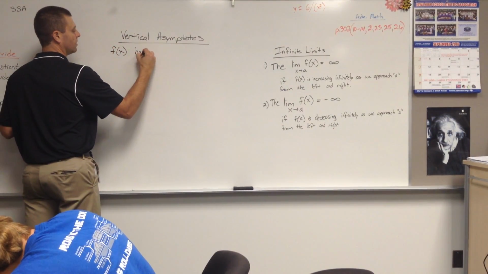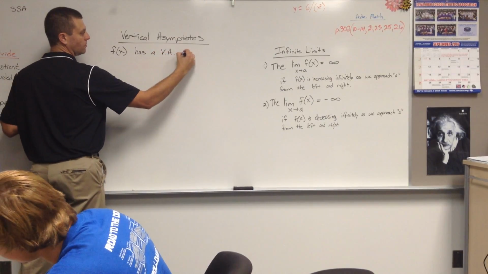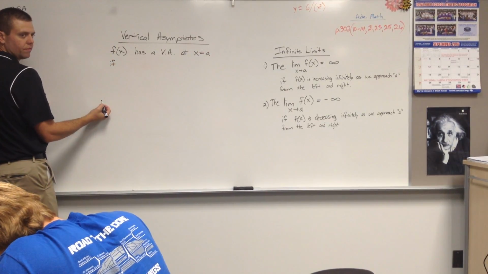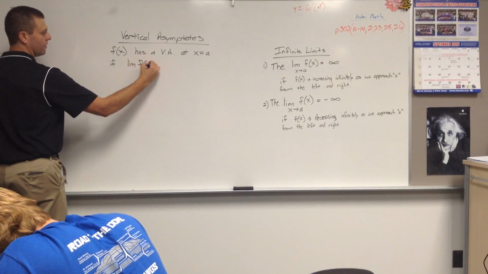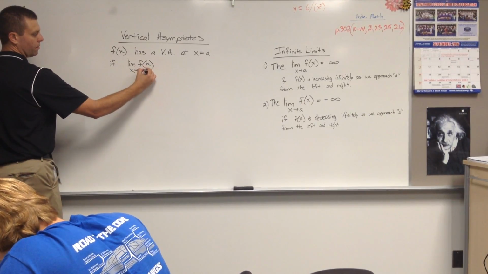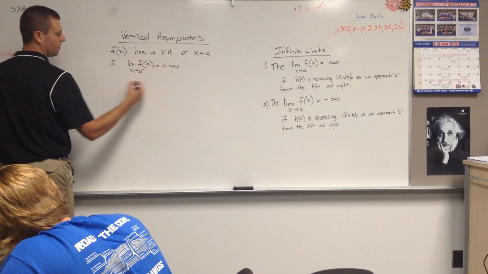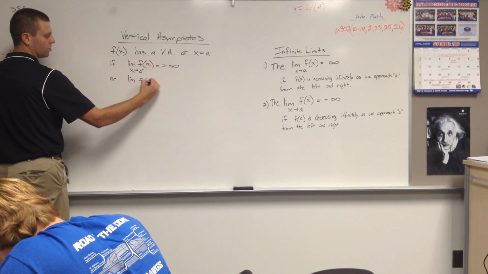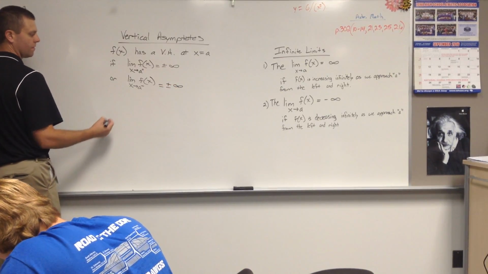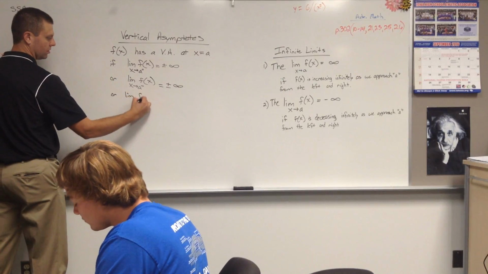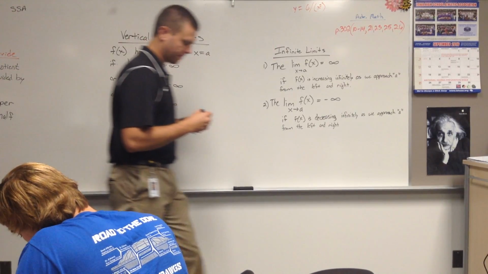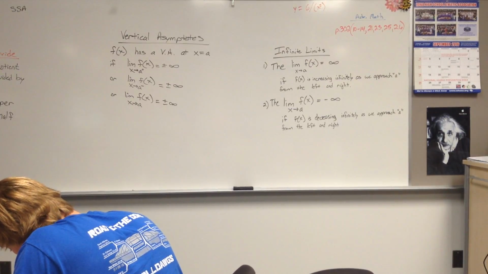F of x has a vertical asymptote at x equals a if the limit of f of x as x approaches a from the right equals positive or negative infinity, or the limit of the function as x approaches a from the left equals positive or negative infinity, or the limit of the function as x approaches a, period, equals positive or negative infinity.